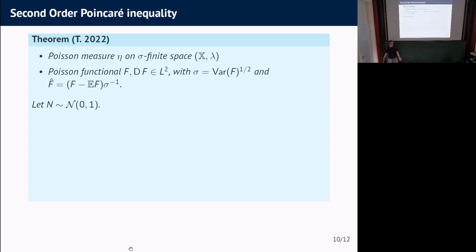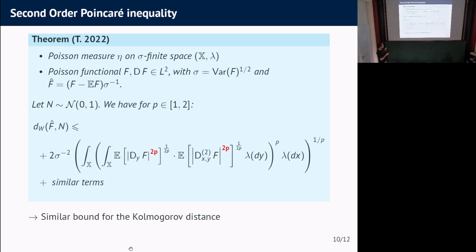So we have a very general Poisson measure and a function of that, and so forth. We compare it with a Gaussian, but now we introduce a parameter p between 1 and 2. And then we have a very similar bound, but instead of fourth moments, we have 2p moments here. And because p is between 1 and 2, this can take any value between 2 and 4. So now we can adapt the moment to something smaller as we need it.